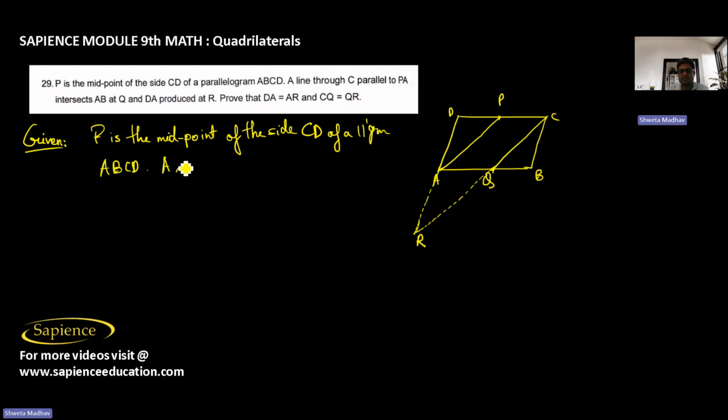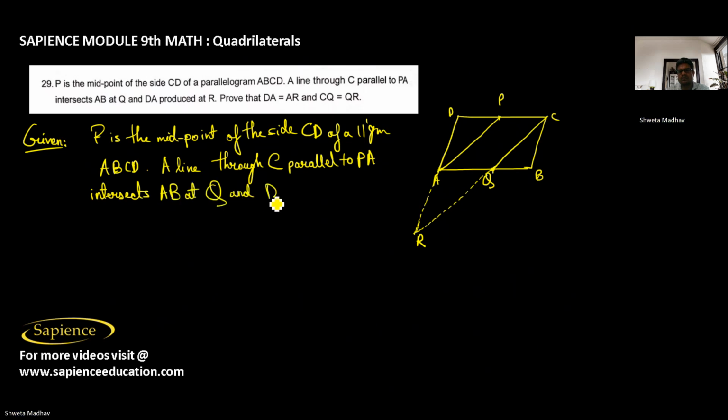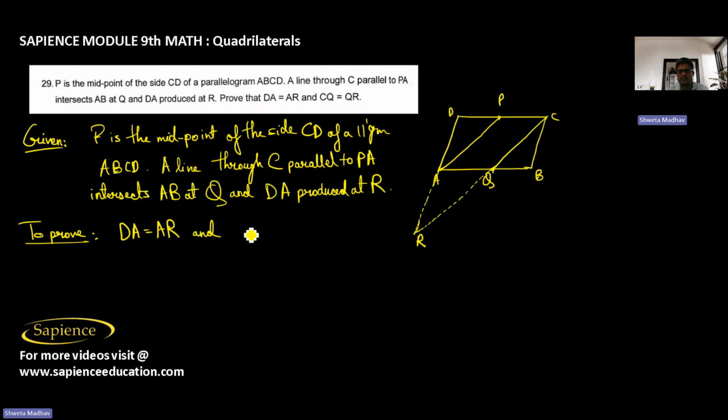Then a line through C parallel to PA intersects AB at Q and DA produced at R. And we have to prove that DA equals AR, and CQ equals QR.